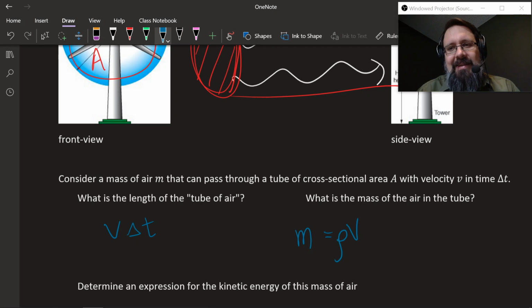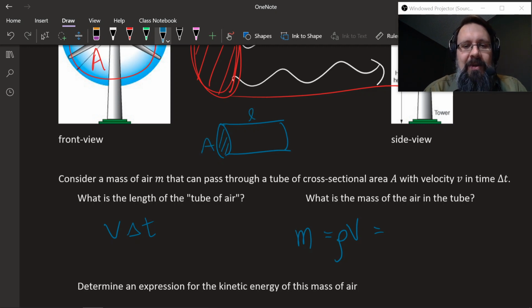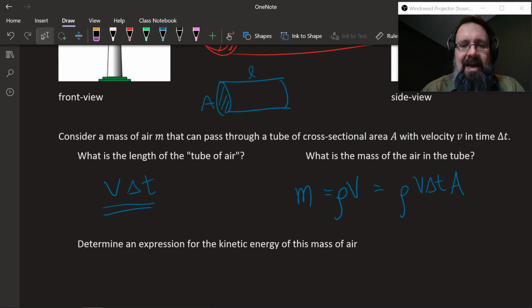Well, we know what the volume of a cylinder is: the area times the length. The length is v delta t, so the volume is v delta t times the area A. So that's the mass. The mass of the air is this crazy expression over here.